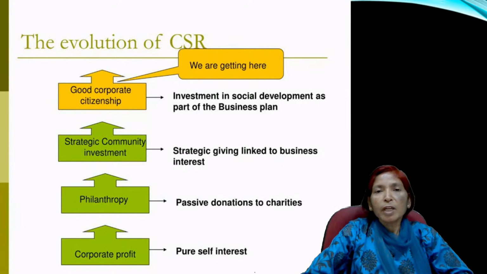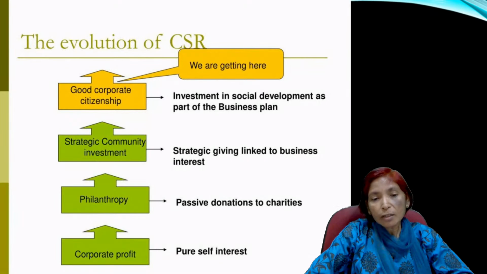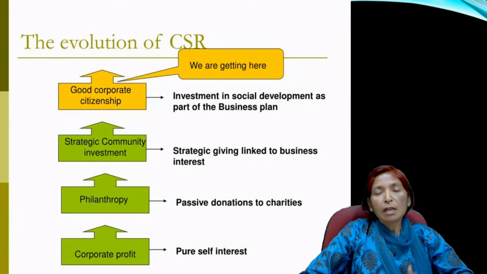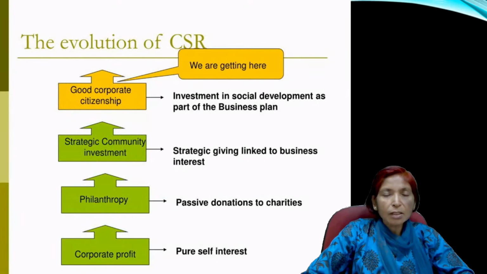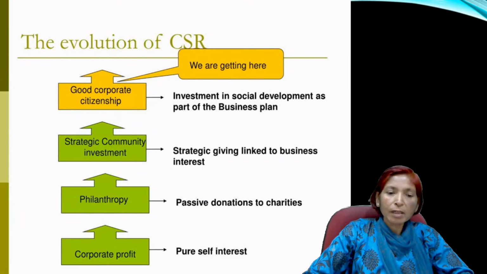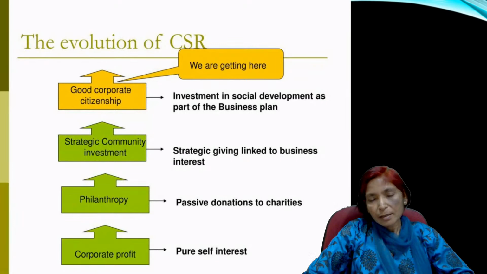Strategic community investment mainly tells us about strategic giving linked to business interest. It means a company or corporate sector should invest their money by making a good strategy for the whole community's upliftment. And philanthropy means passive donation to charities.